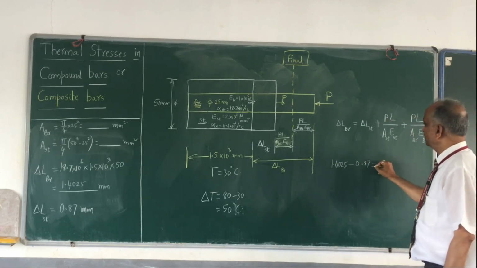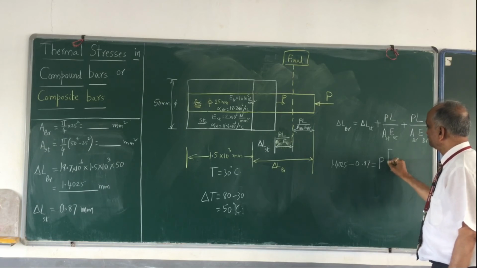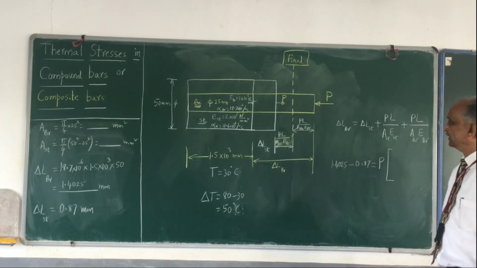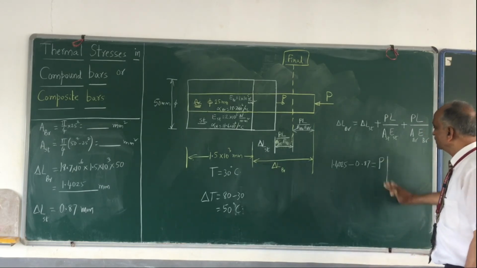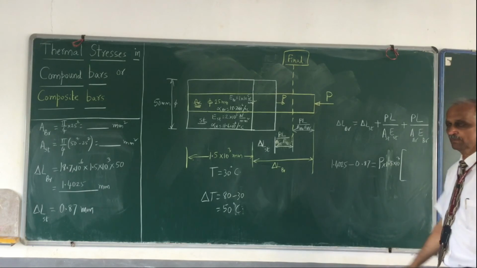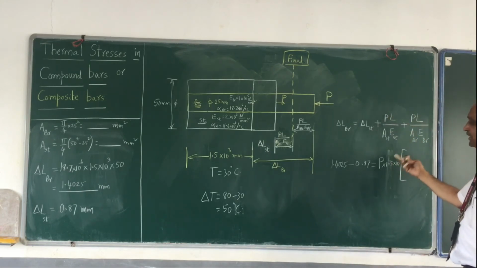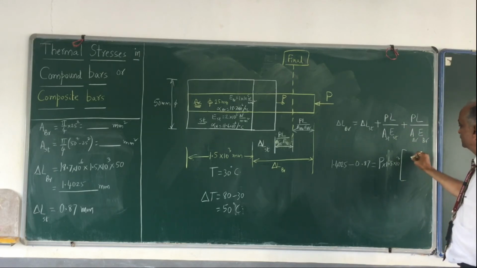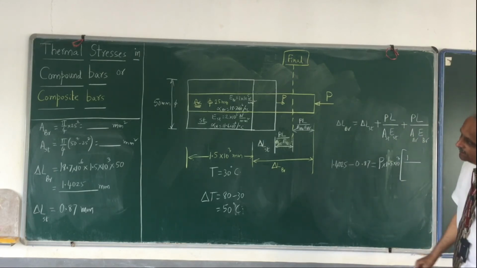I shall take P outside, and I shall take L also outside and substitute that. L is 1.5 into 10 raised to 3 into bracket, 1 upon AST EST, plus 1 upon A brass E brass. What is AST?